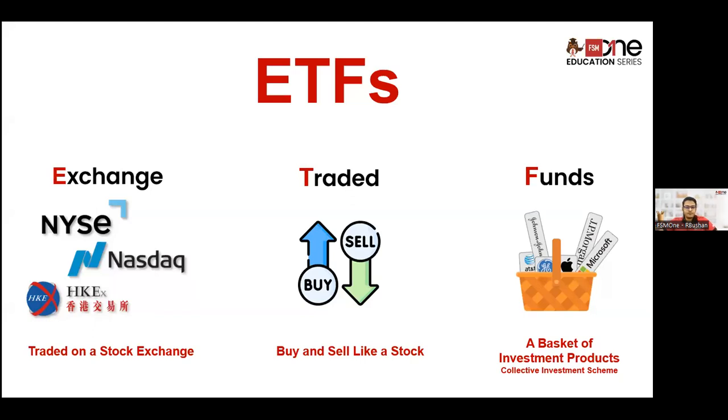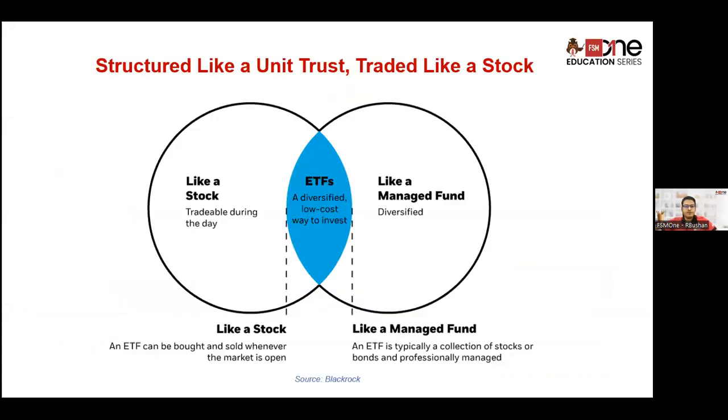That is just a brief on ETFs, and we will go deeper. Like I said before, an ETF behaves like a stock because it is tradable and listed on a stock exchange, but at the same time it is structured like a managed fund, or in other words, a unit trust. So it gives the qualities of a unit trust.